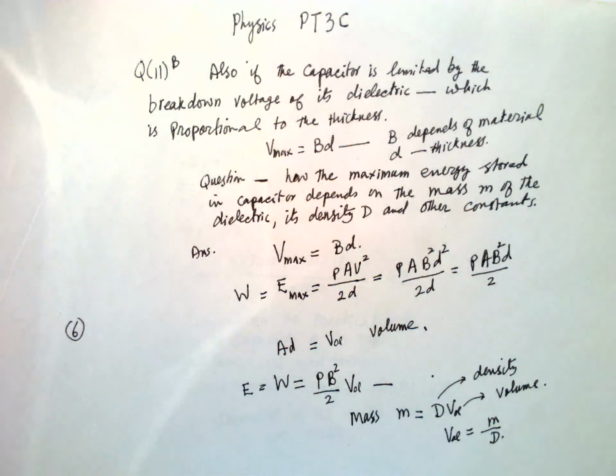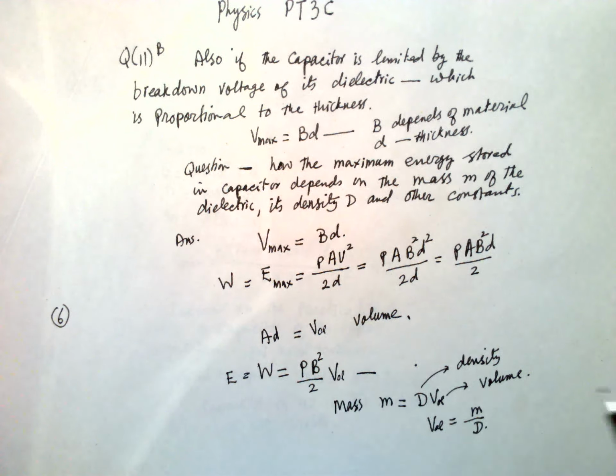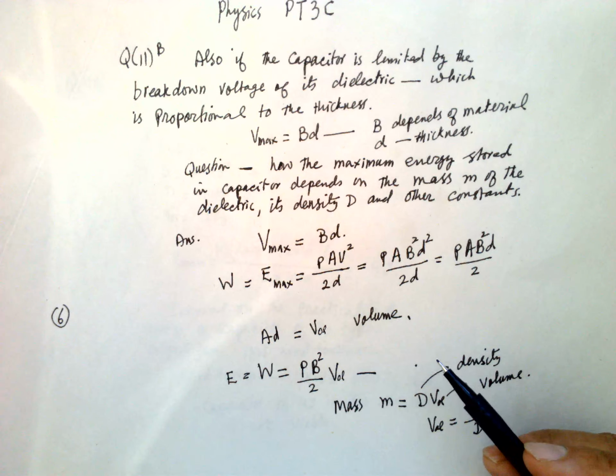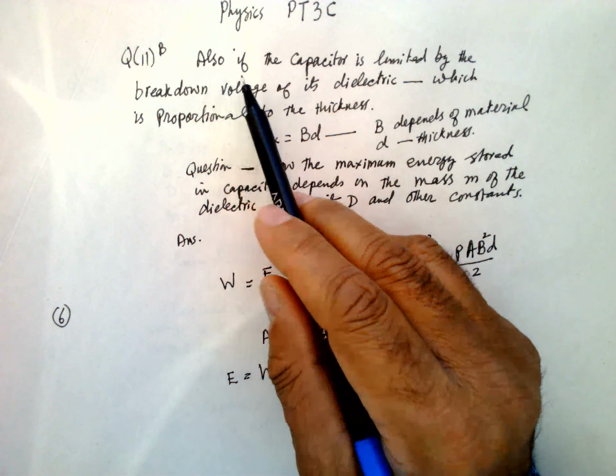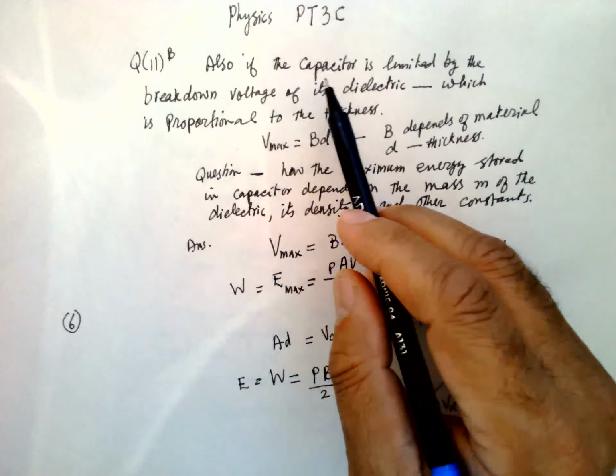Question number 11, B part, continued. Also, if the capacitor is limited by the breakdown voltage of its dielectric, which is proportional to the thickness, so V maximum is equal to B into D. B depends upon the material and D is the thickness.